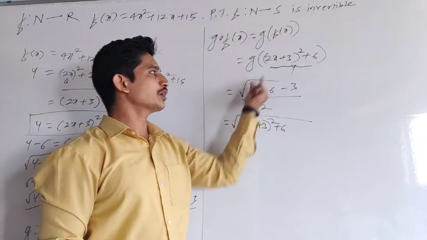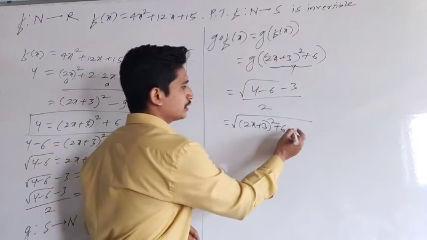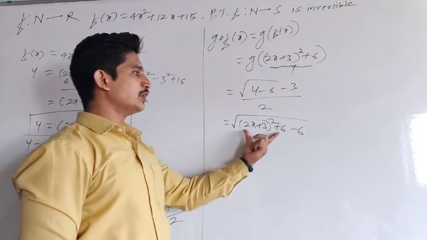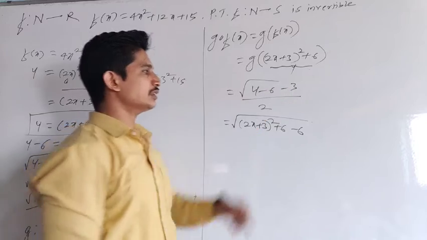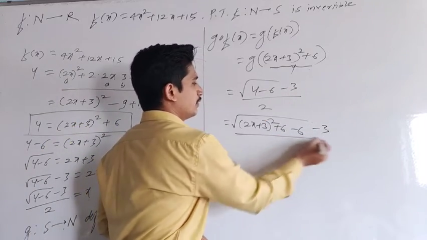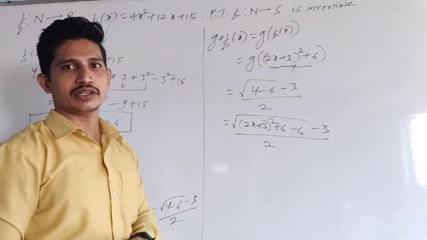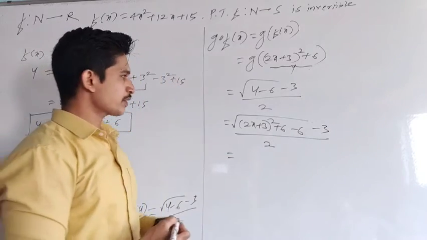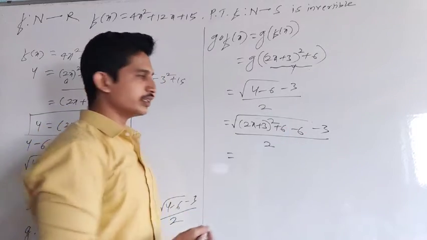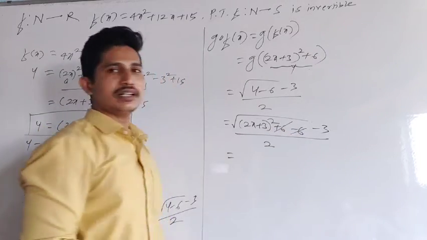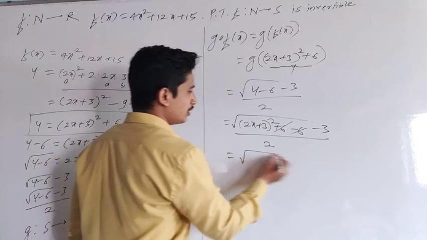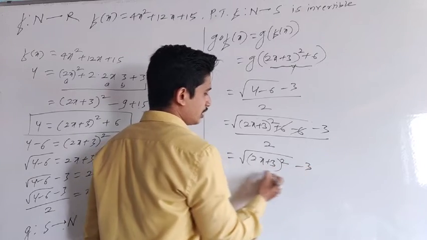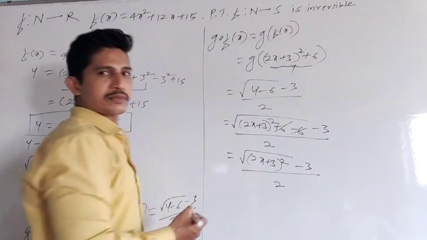So y is over, and minus 6 is there now, right here. The root is complete: y value minus 6, then minus 3, divided by 2. Now plus 6 and minus 6 will get cancelled here. What is left? Root of (2x plus 3) square, minus 3, divided by 2.